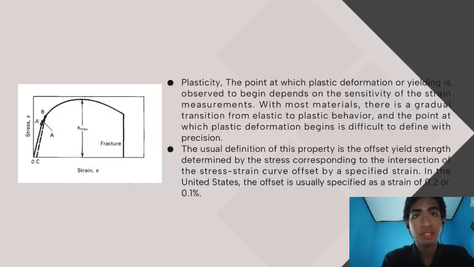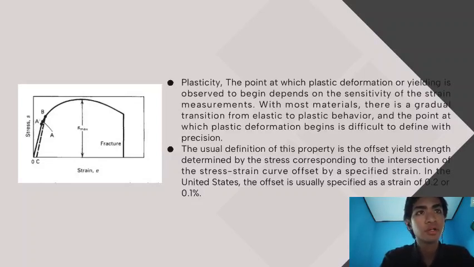The offset yield strength is often referred to in Great Britain as the proof stress, where offset values are either 0.1 or 0.5%.